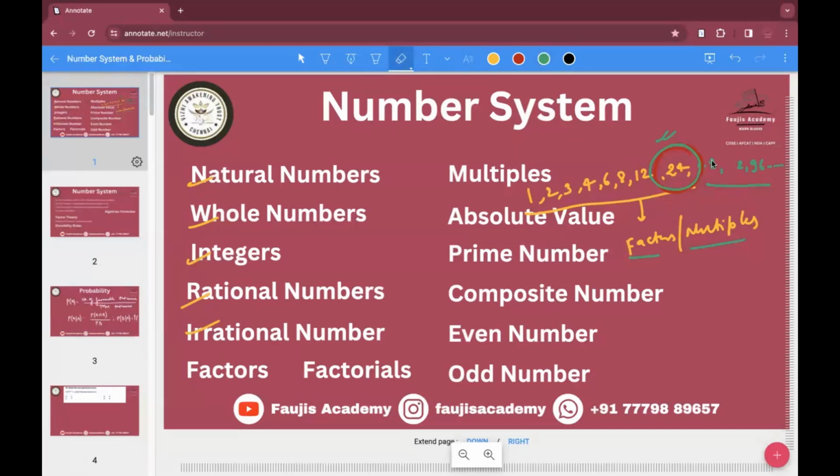So you are saying the numbers that I have written in yellow are the multiples of 24. Multiples means you multiply. How does multiplication happen? One becomes two, two becomes four, this four becomes eight.